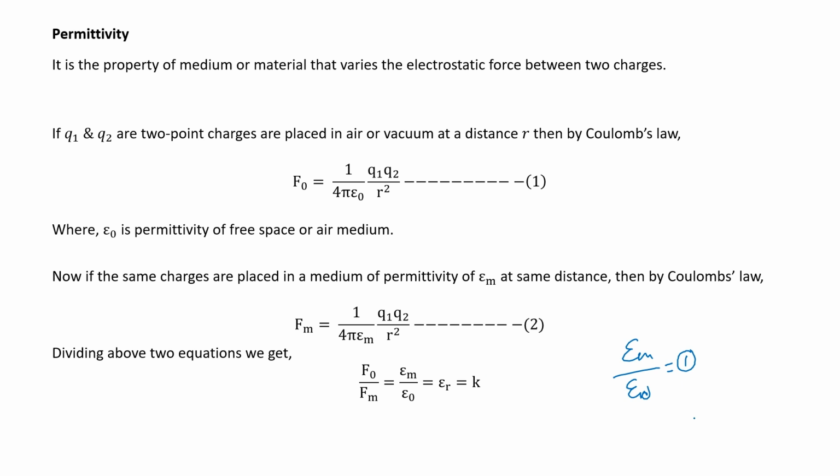Epsilon naught is the standard medium value, the smallest value of permittivity, and if you divide a smallest value by a larger value, you get a further smaller value.